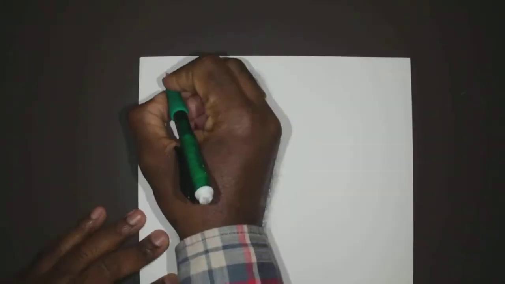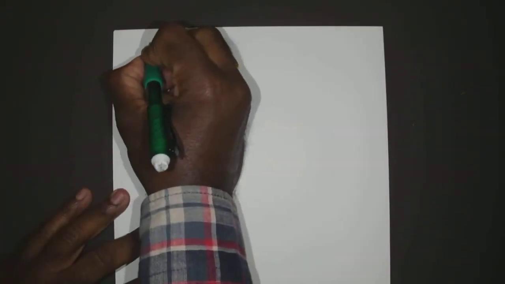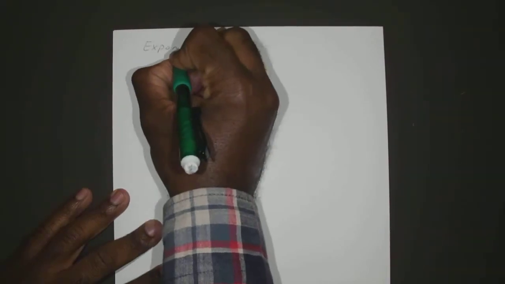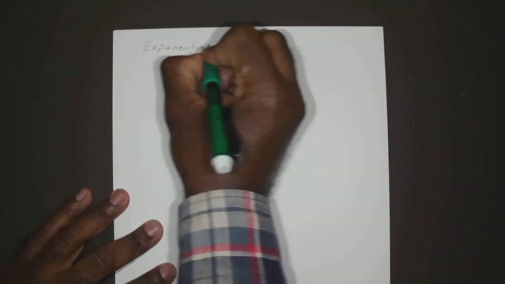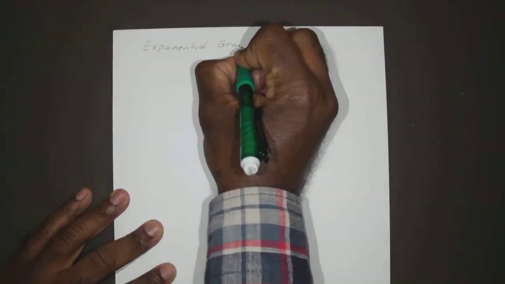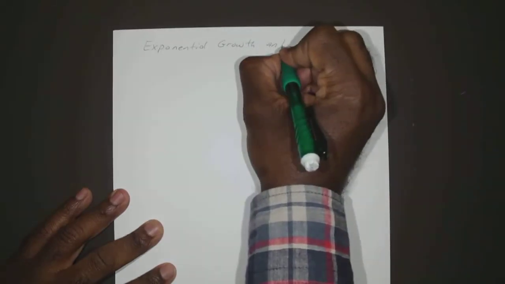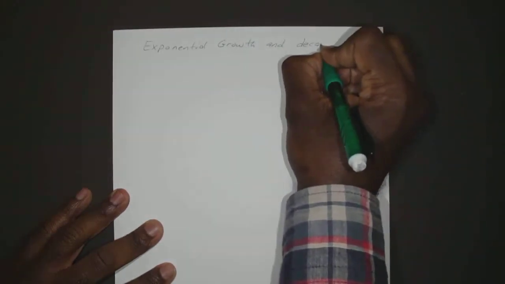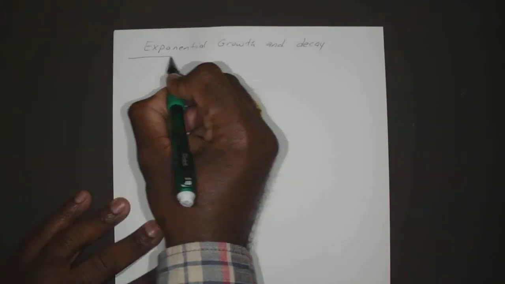Okay, so now we're going to look at exponential growth and decay. So it's pretty similar to the continuous compound interest formula, but just the letters are changed a little bit.